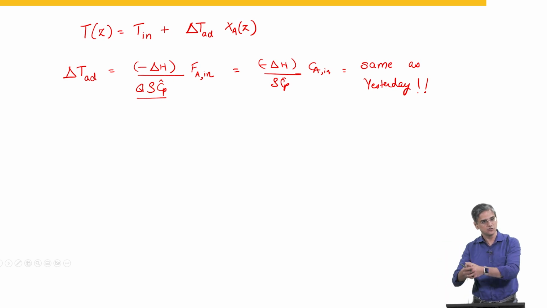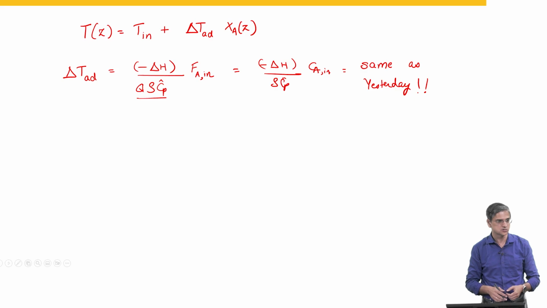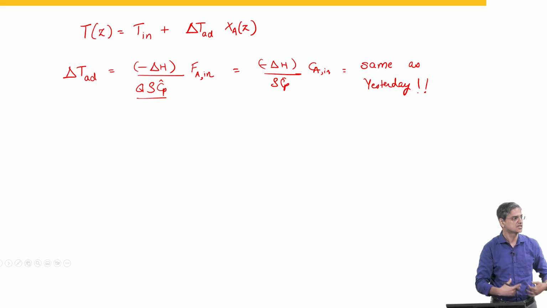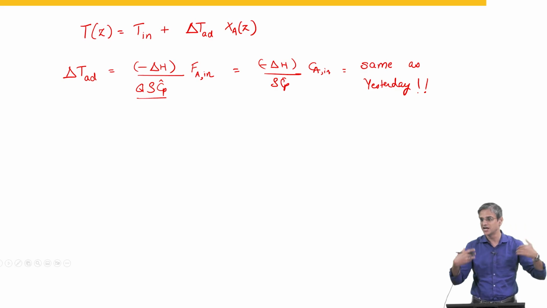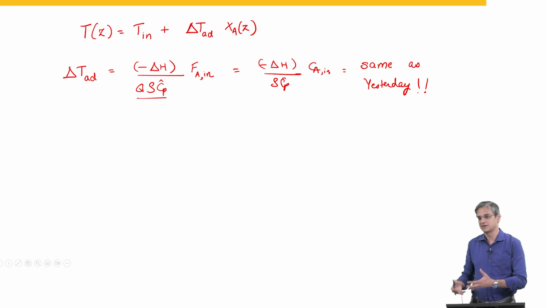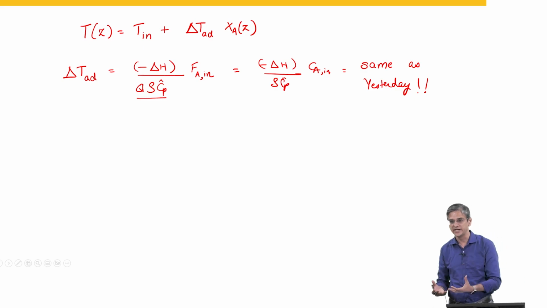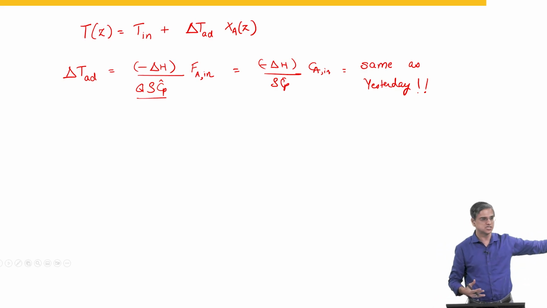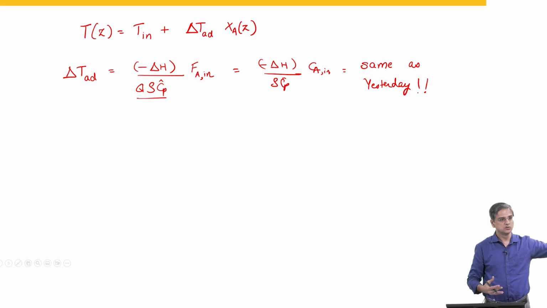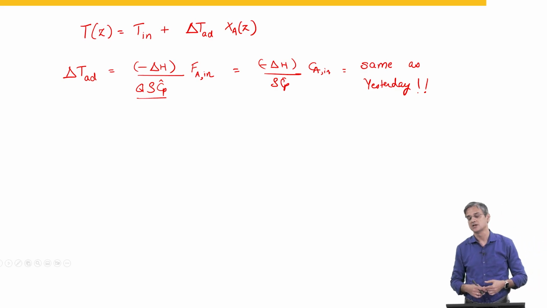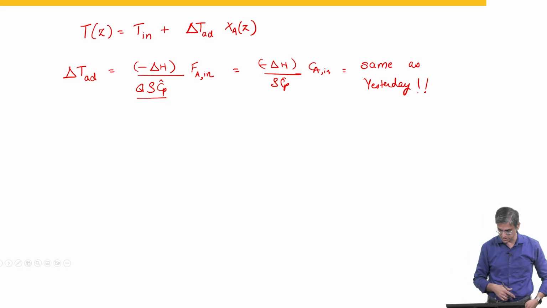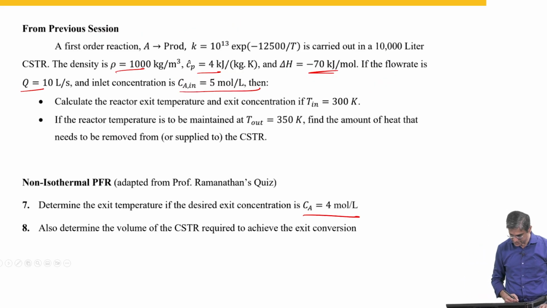Nature does not know that it has to follow thermodynamics laws. No, it is the thermodynamics laws that are made to explain observations in nature. So, it is the other way around. The nature does not care what laws we made. The nature follows its laws, and we have made those laws in order to explain what is happening in nature. So, that is where you get delta T adiabatic.